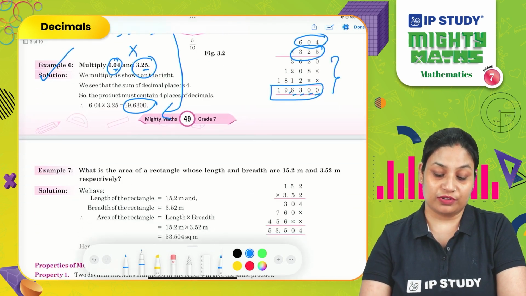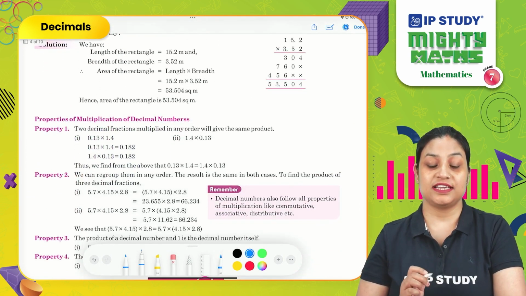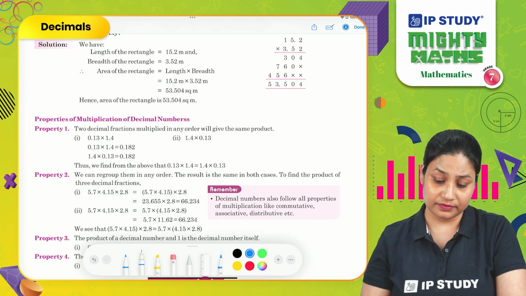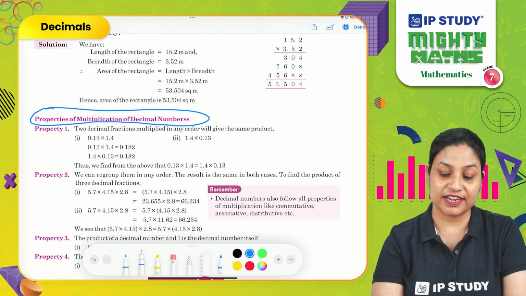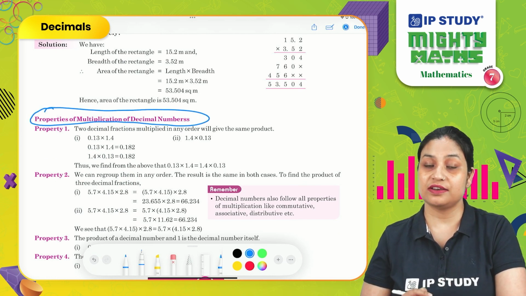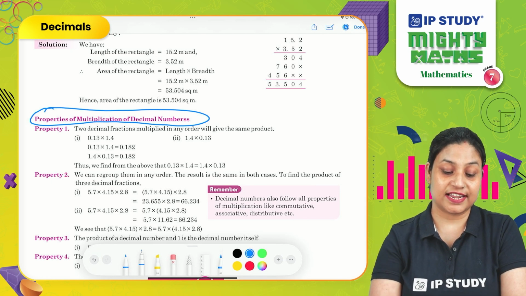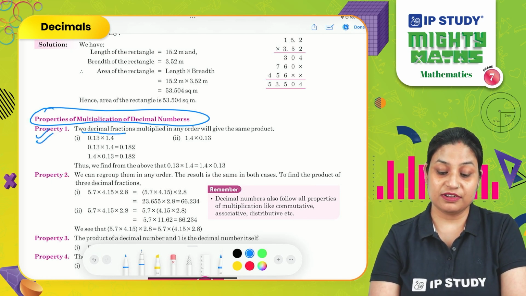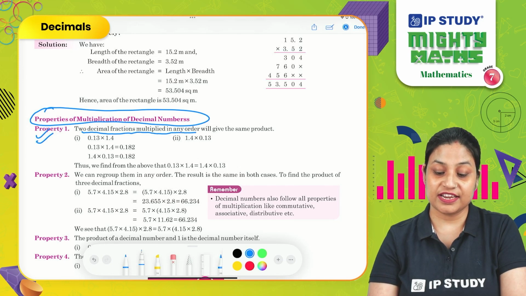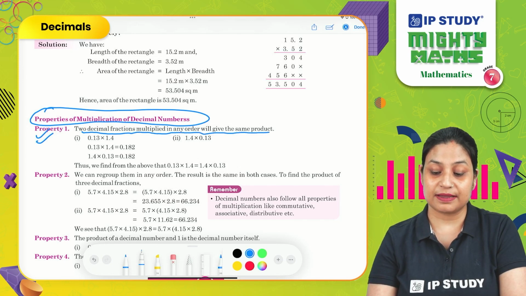Now let's move on to the next topic. Our next topic is properties of multiplication of decimal numbers. It's very interesting. Let's take the first property, which states that 2 decimal fractions multiplied in any order will give the same product.